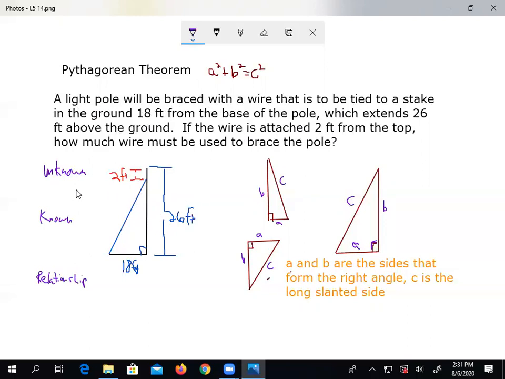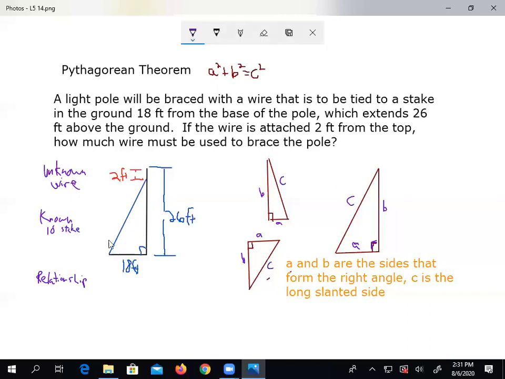So the unknown is going to be the wire. We don't know how long the wire is. The known is we got a stake that's 18 feet from the base. So there's a stake that's 18 feet from the base.